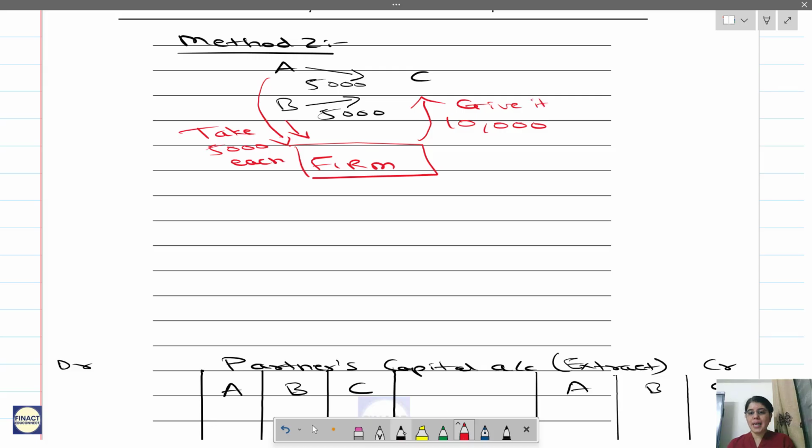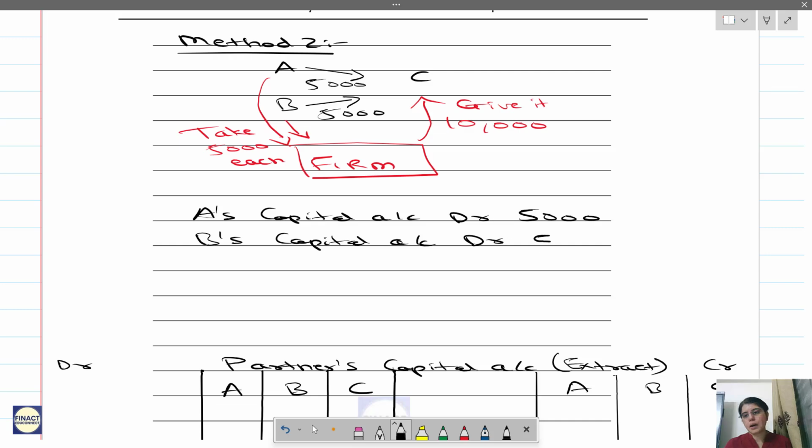So now see the entry over here. The firm is taking something from A and B. So A's capital account debit 5,000, B's capital account debit 5,000, to C's capital account 10,000.